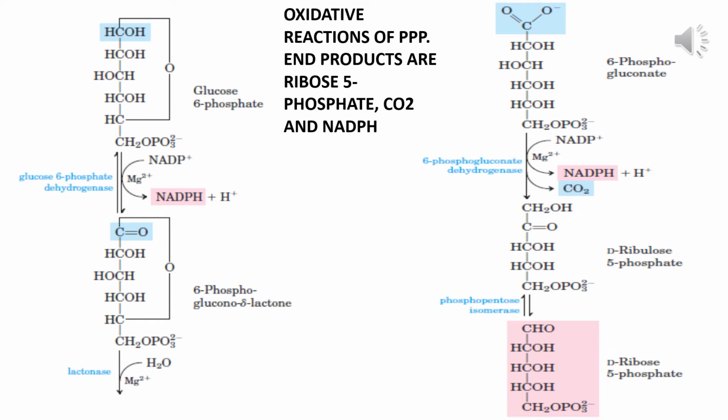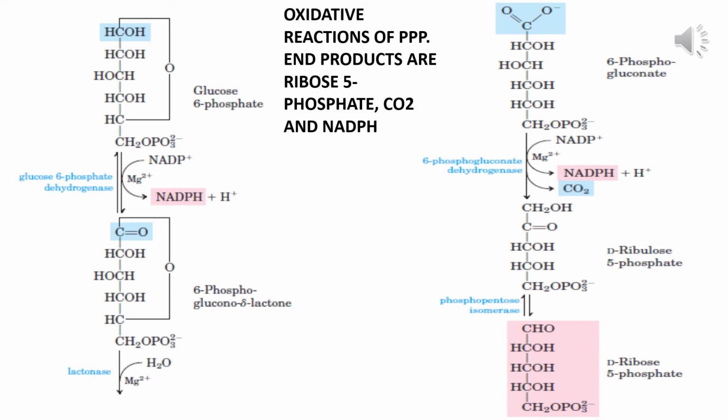Look at the oxidative phase. You need not study the structural formula of the intermediates. But you should know that NADPH plus H plus is formed in two stages, two reactions. First one is when the glucose 6-phosphate is converted into 6-phosphogluconolactone. The second one is when the 6-phosphogluconate is converted into ribulose 5-phosphate.